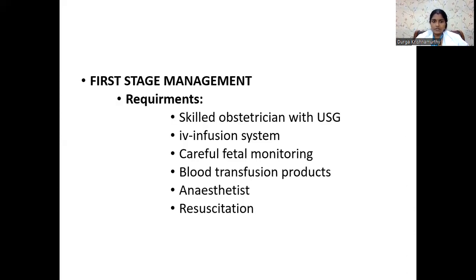For first stage management, a skilled obstetrician is required. Ultrasound is also useful in the labor room. An intravenous infusion system must be there. Careful fetal monitoring, availability of blood products, anesthetist, and resuscitative methods.